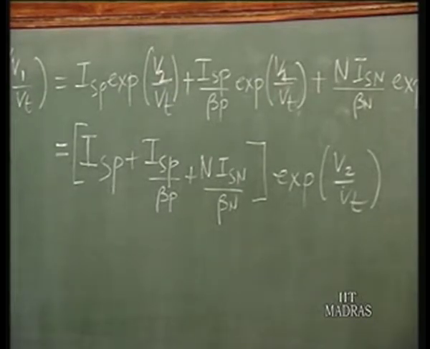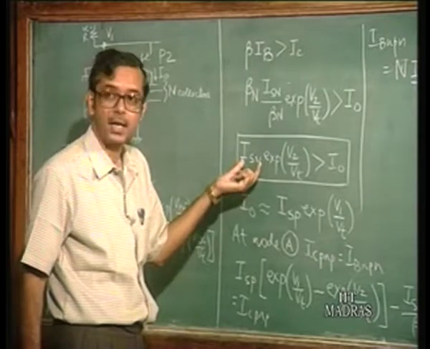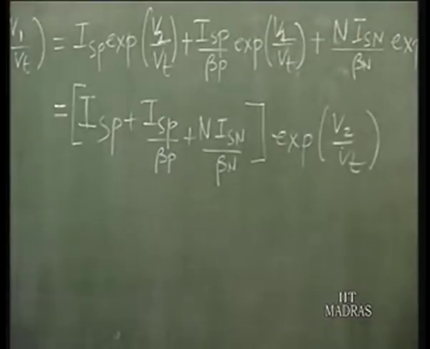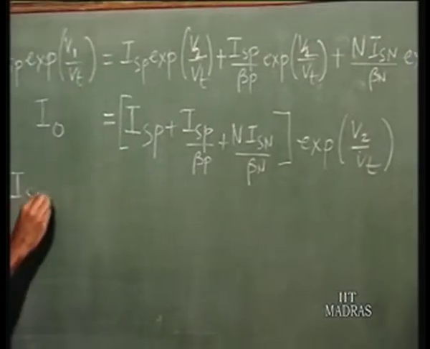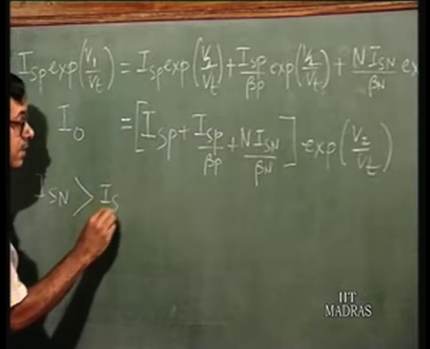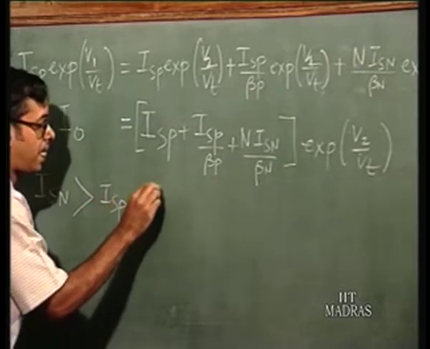So, what can I write? ISN must be greater than, so we see that we have removed all the voltage dependencies, which is very important.